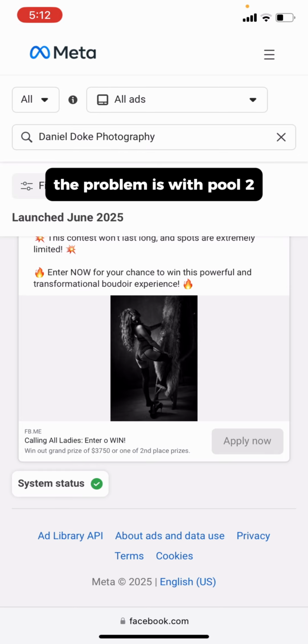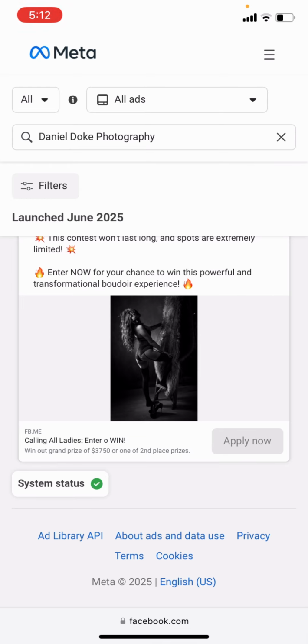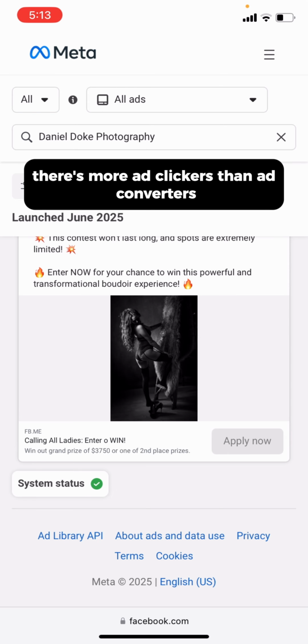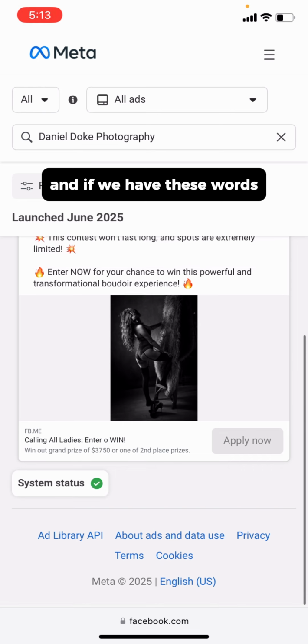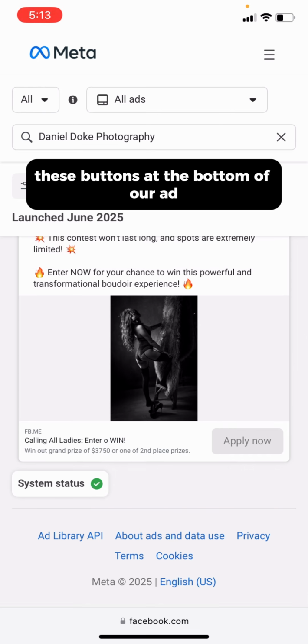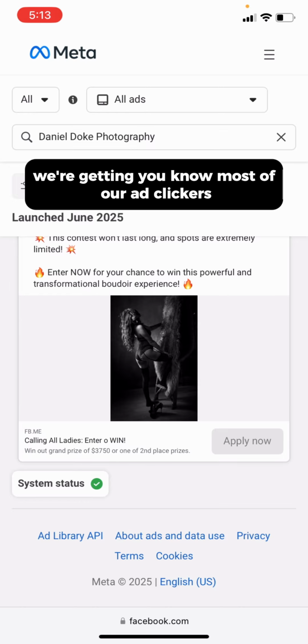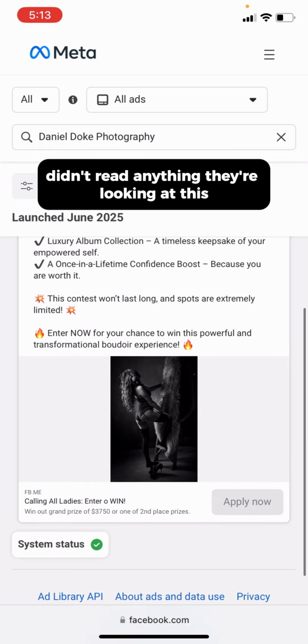The problem is with pool 2, it does the same thing with ad clickers. Now, the problem with this is there are literally 10 to 50x more ad clickers than ad converters, so this pool is 10 to 50x larger. And if we have these words, these buttons at the bottom of our ad below our creative, then most of our ad clickers are unqualified. They didn't read anything.